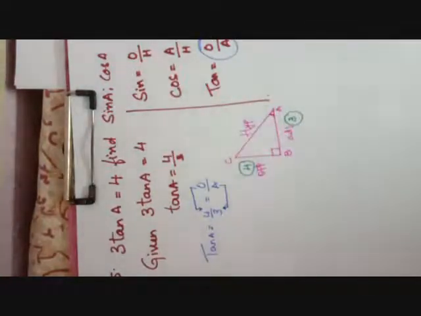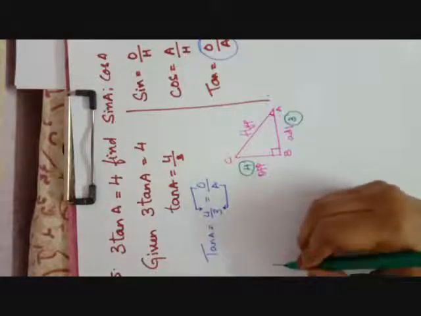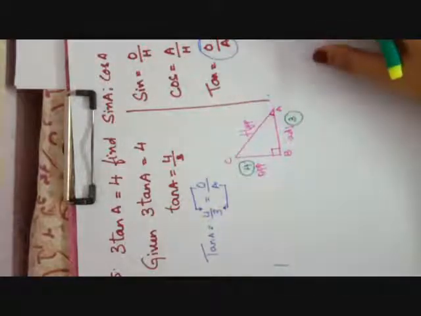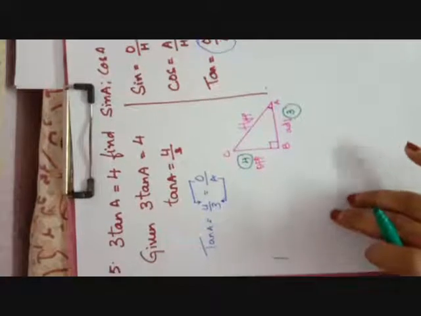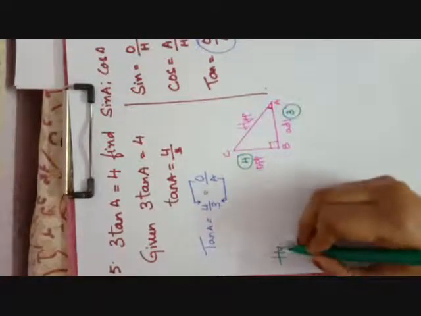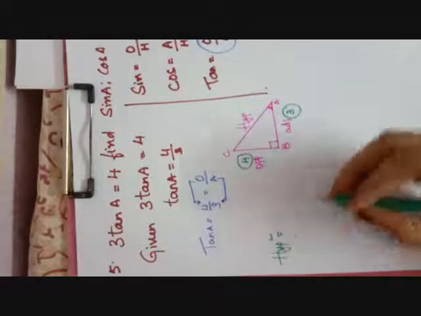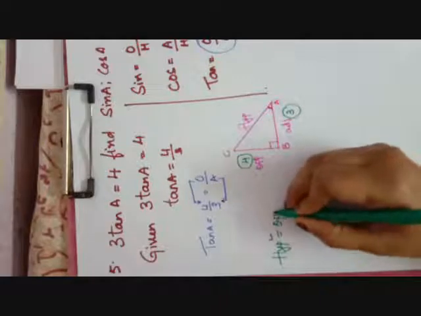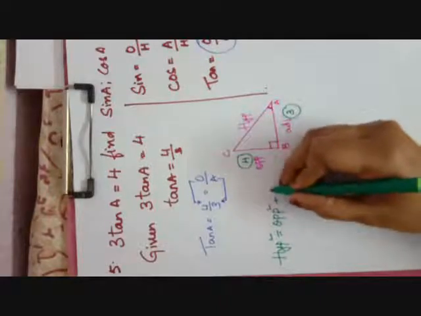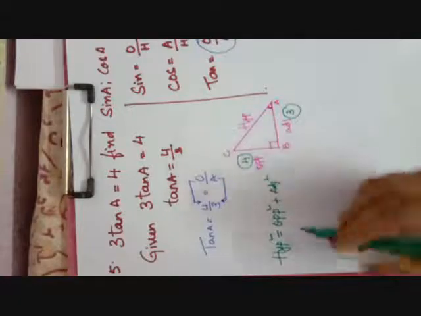Now which formula will you apply and solve it? Yes, Pythagoras theorem. What is your Pythagoras theorem? Hypotenuse square is equals to opposite square plus adjacent square.